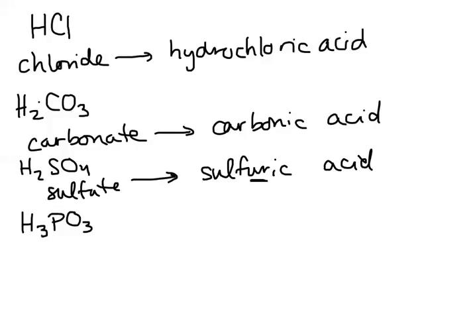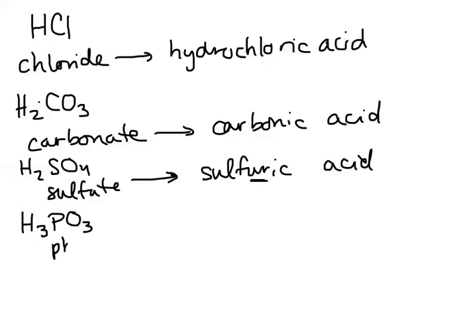H3PO3. What's that anion called? Phosphite. Because phosphate is PO4 3 minus. Phosphite is one less oxygen, PO3 3 minus. So dynamite is dangerous.